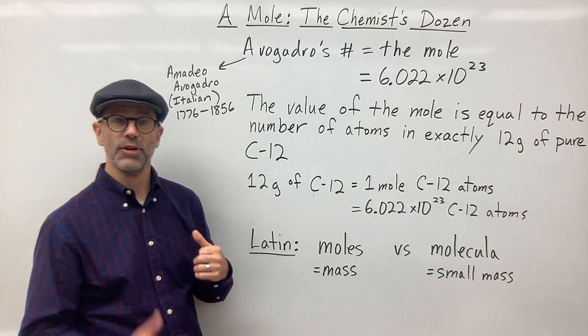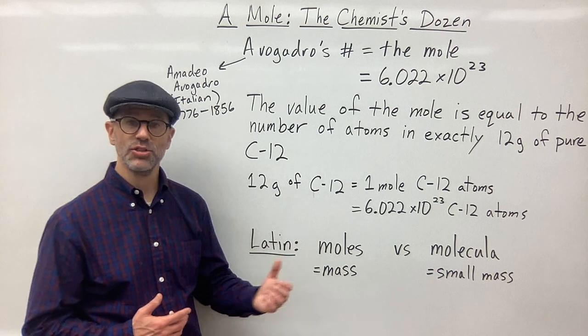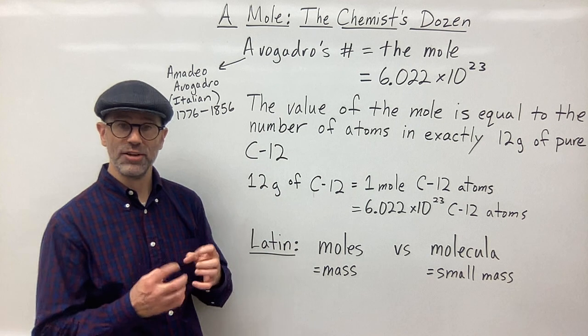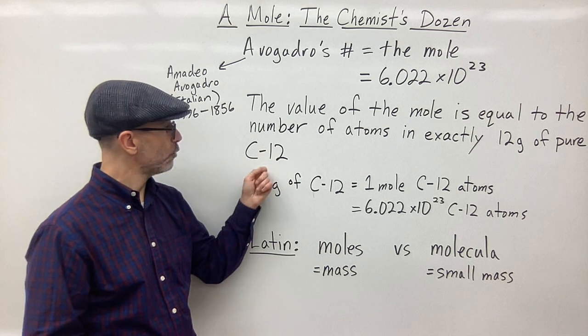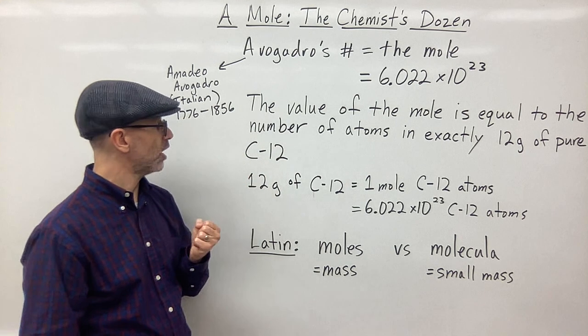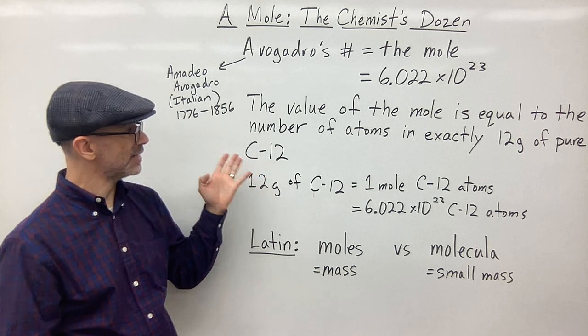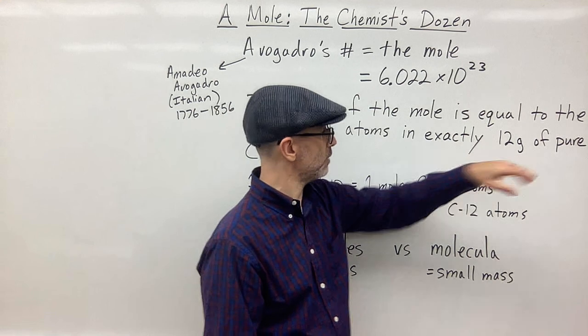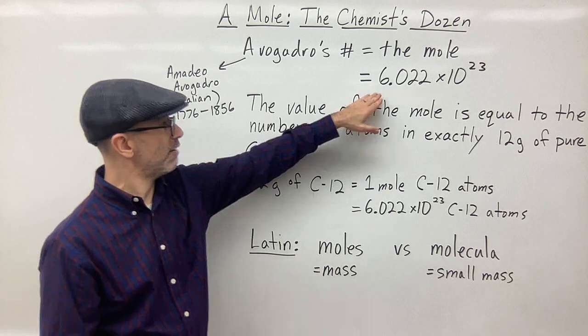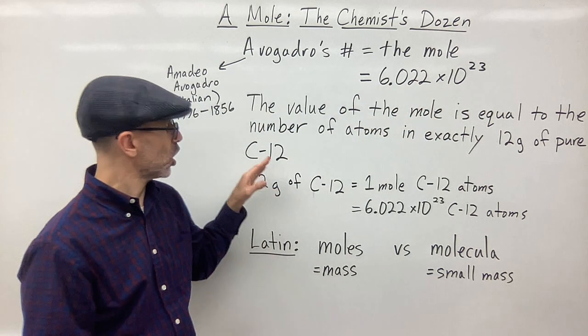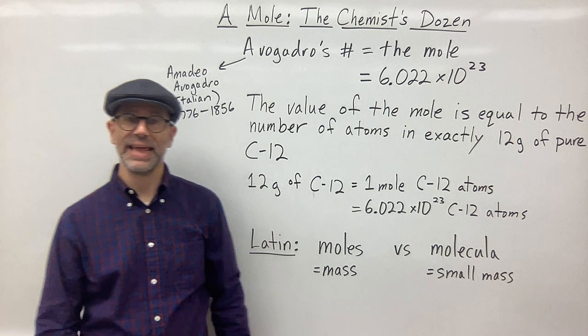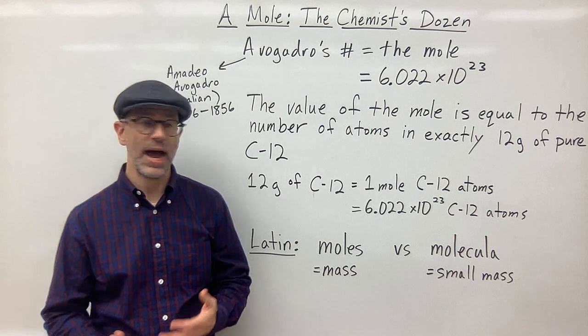So it's going to have 6 protons, 6 neutrons, and so it has that mass number. So if we had a pure sample of carbon 12 and that sample was 12 grams of mass, then we would have this number of carbon 12 atoms in that mass. And so that's where that number comes from.